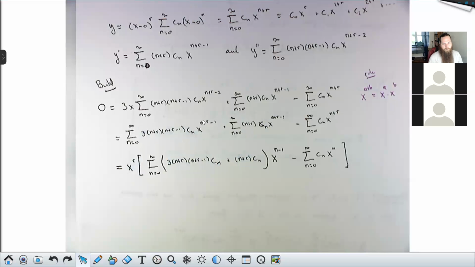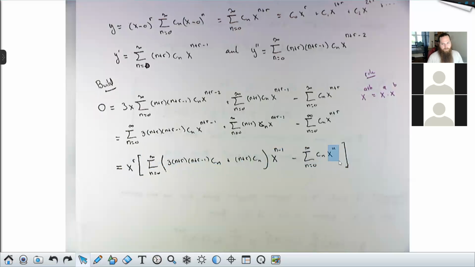That gets rid of the plus r in the exponents and leaves me with x to the n from the third and x to the n minus 1 from the first and second, which I factor from the combined series and write here. Quite a lot, I know. You can think of it like I'm going to divide both sides by x to the r. This term is pretty much irrelevant. But what I need to do is combine these two series.